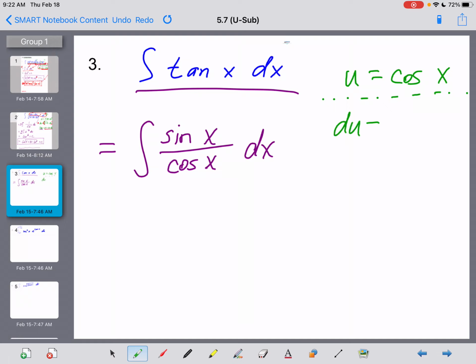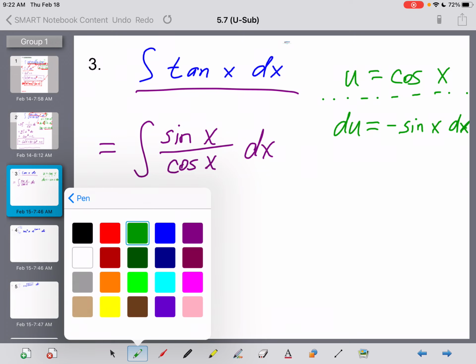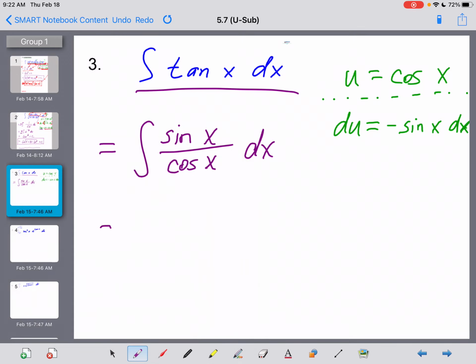The derivative of u then becomes, and the derivative of cosine of an angle is the opposite of sine of the same angle with a dx at the end. Now this is almost perfect here, guys. This is now an integral of the denominator, which was cosine of x, that just becomes u.